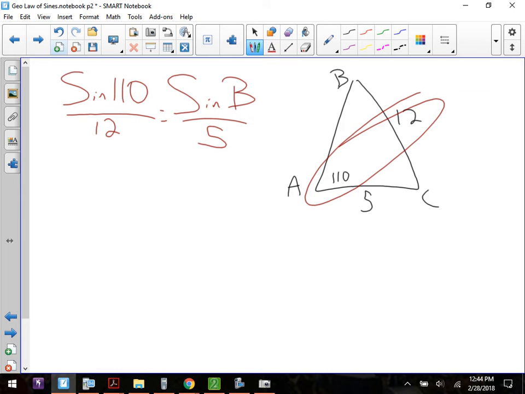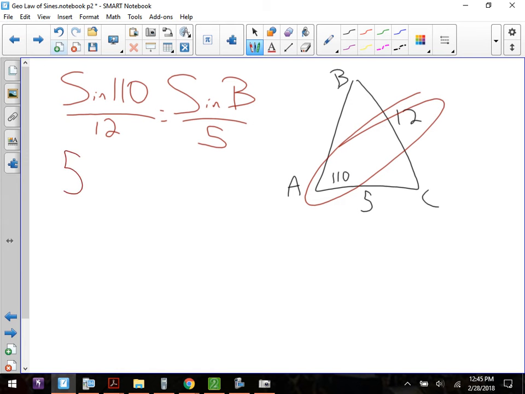Now, if you remember, anytime that you're trying to figure out an angle, you don't have to cross multiply both parts. Because if I move the 12 over, I'd have to move it back eventually anyway. So the only part I have to move is the 5. Okay? So I move the 5 up.